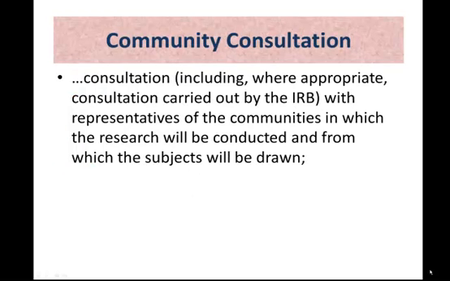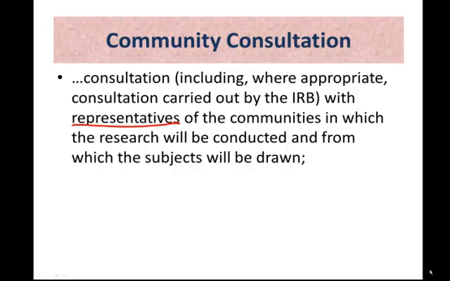In regards to community consultation, the regulations state consultation, including, where appropriate, consultation carried out by the IRB with representatives of the communities in which the research will be conducted and from which the subjects will be drawn.